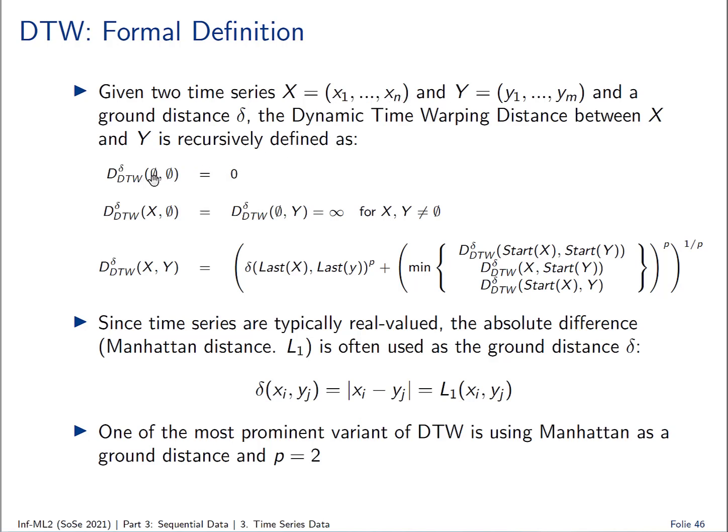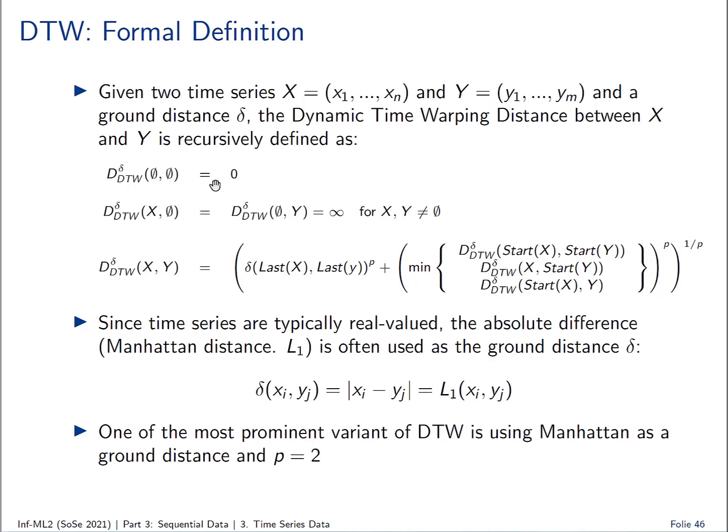So if there are no elements to compare with, we have a distance of 0. Then the other base case is, if you have a sequence x and you compare it to an empty sequence, the distance is infinity. And the same holds true the other way around.